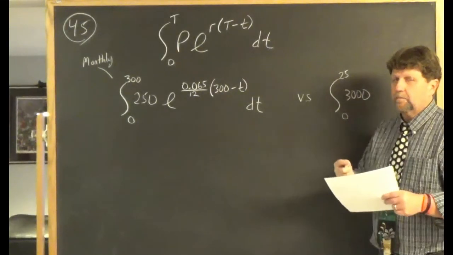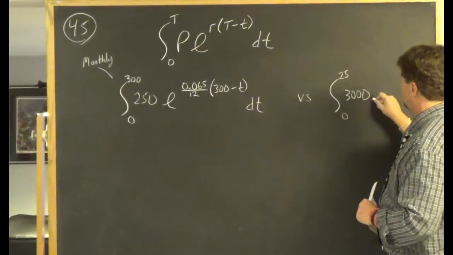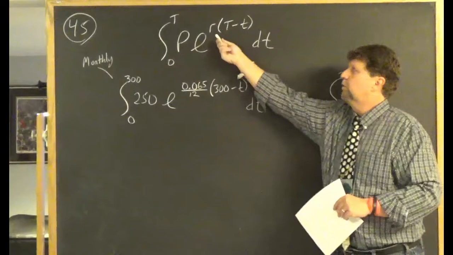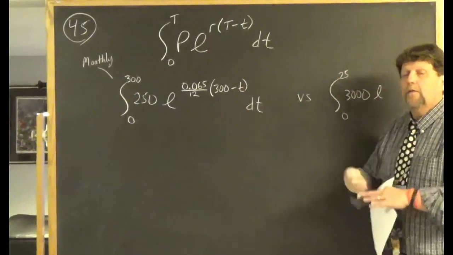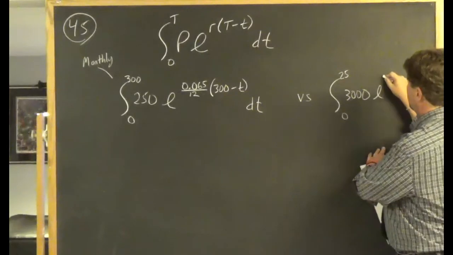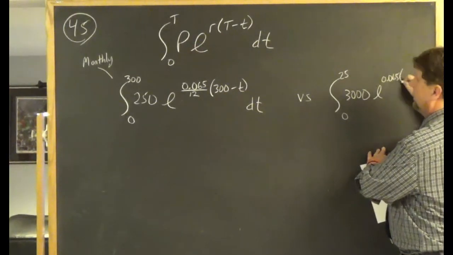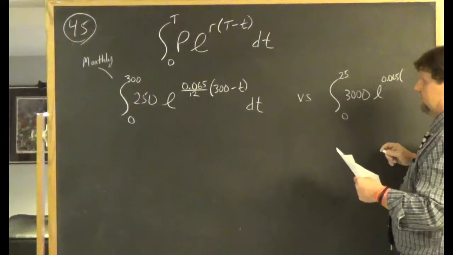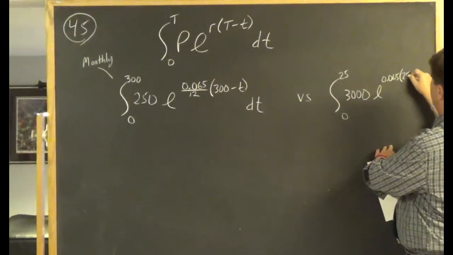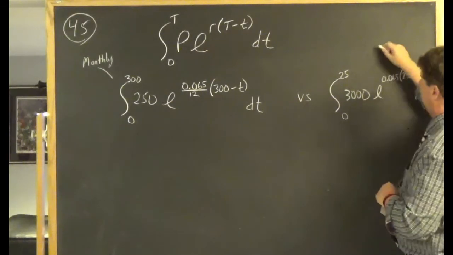That's how much is being invested on a yearly basis. Okay, now the rate. Well, the rate's already given to us as an annual rate. It's 0.065. And then we would have 25 minus little t, dt.